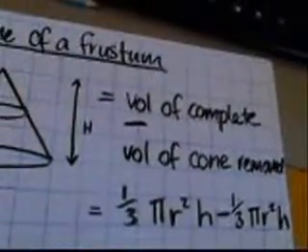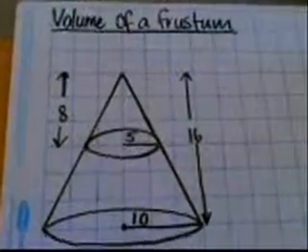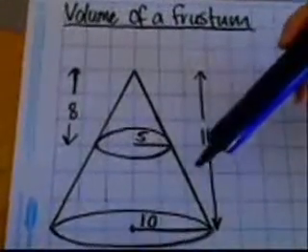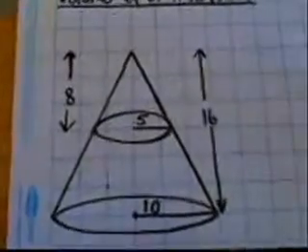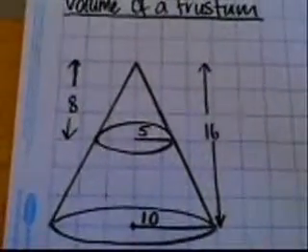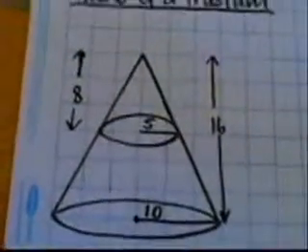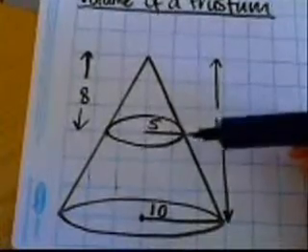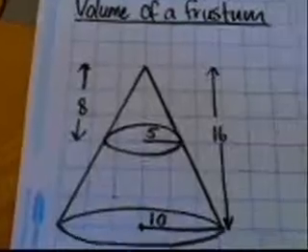Now let's have an example with some numbers in there. Let's take this example here. We've got all of our measurements in, and let's assume that they're in centimetres. Remember our formula is the volume of the original larger cone minus the volume of the cone that we're removing, and that will give us the volume of the frustum, the bit that's left over.